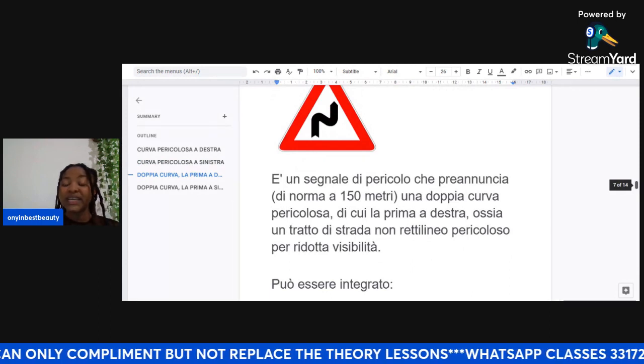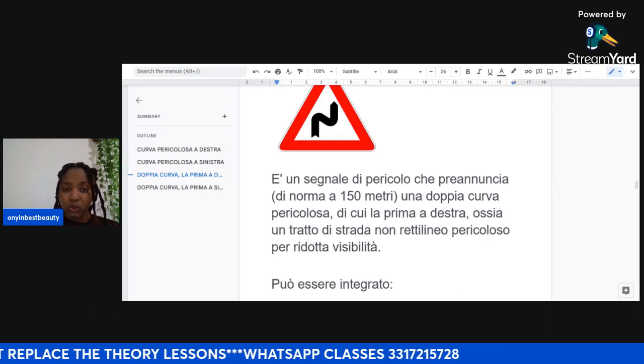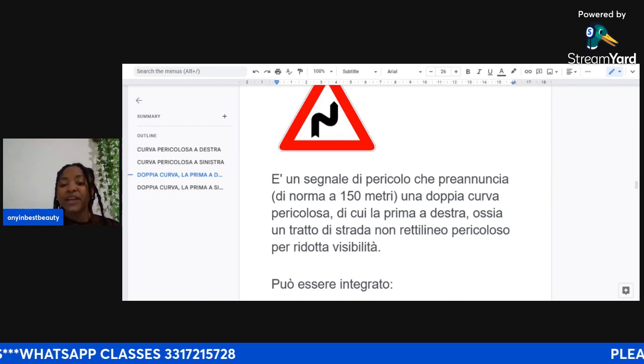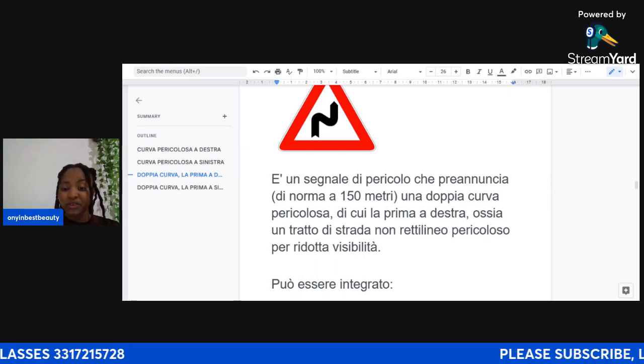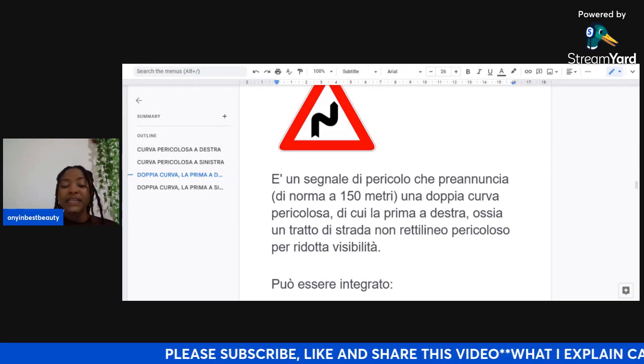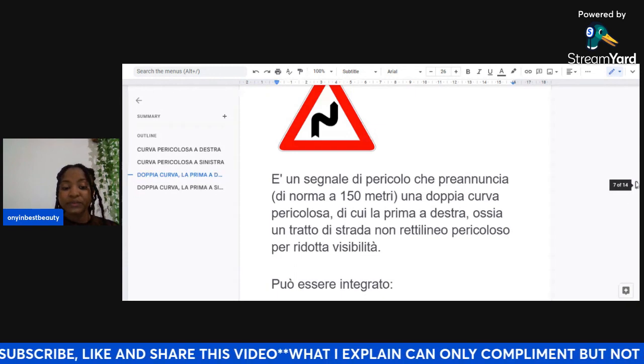Remember, segnale di pericolo tells you 150 ahead. Una doppia curva pericolosa, a double dangerous curve, la prima a destra, in which the first one is to your right. O sia un tratto di strada non rettilineo pericoloso per ridotta visibilità, meaning that the road is not straight and they reduce your visibility. Ok?